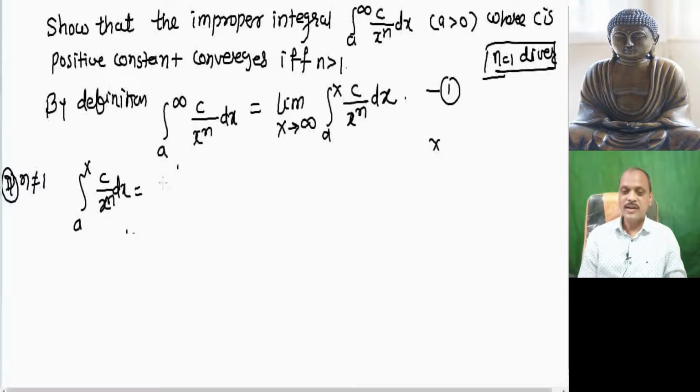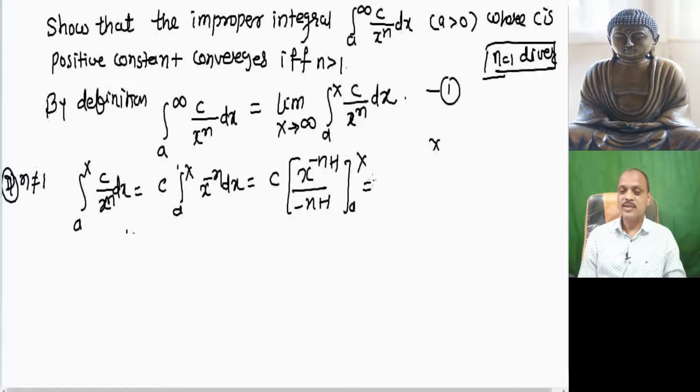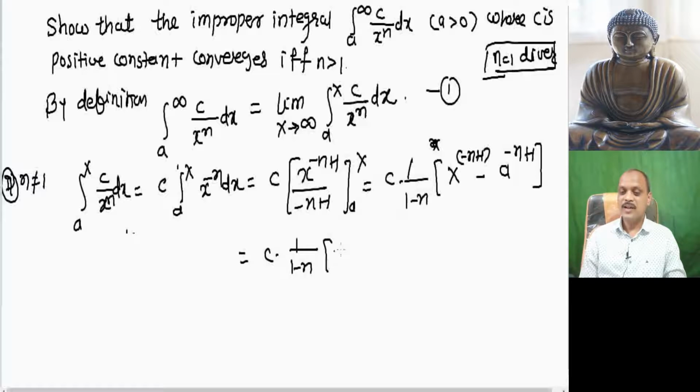We can write it as c constant, integral from a to X of x raised to minus n dx, which is c into x raised to minus n plus 1 divided by minus n plus 1 between the limits a to X. This is equal to c into 1 divided by 1 minus n, into capital X raised to minus n plus 1 minus a raised to minus n plus 1, or equal to c into 1 divided by 1 minus n, into 1 divided by capital X raised to n minus 1 minus 1 divided by a raised to n minus 1.